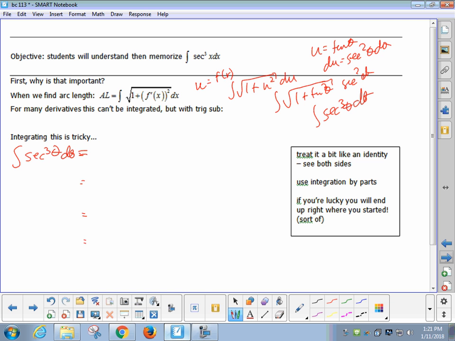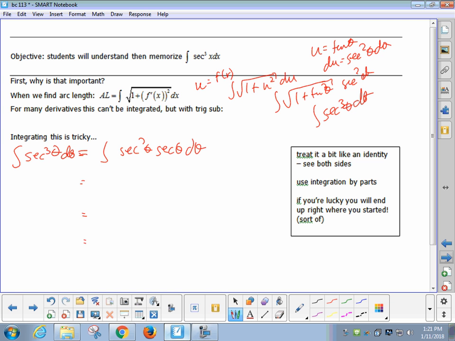Now then, what's something you can do with secant squared? Give me something to do. Split it up. Split it up how? Secant squared and secant. Okay. Now, give me another idea of what you can do next. Do the identity. Okay, so that's exactly what I would have thought. You know, secant squared is tangent squared plus 1, and I can tell you from experience that goes nowhere.